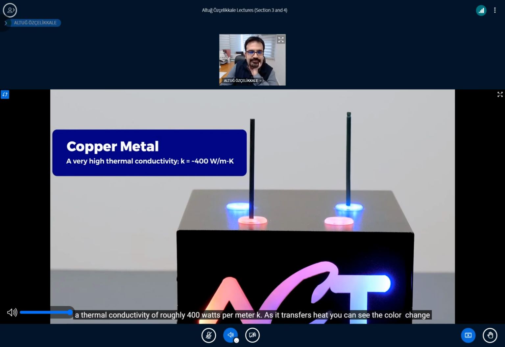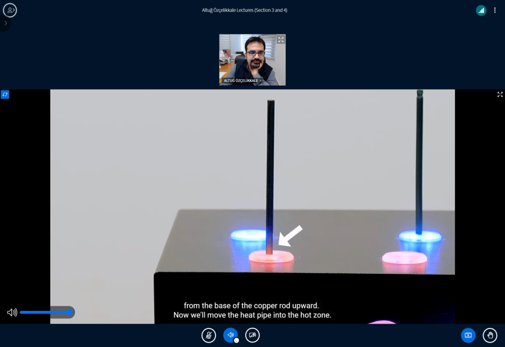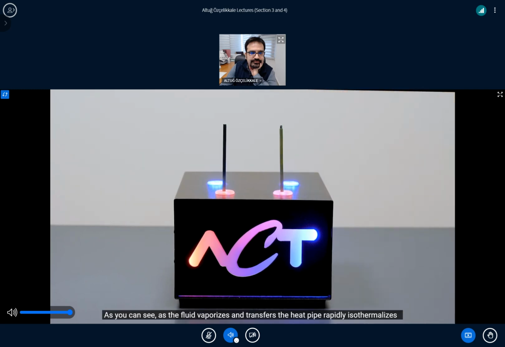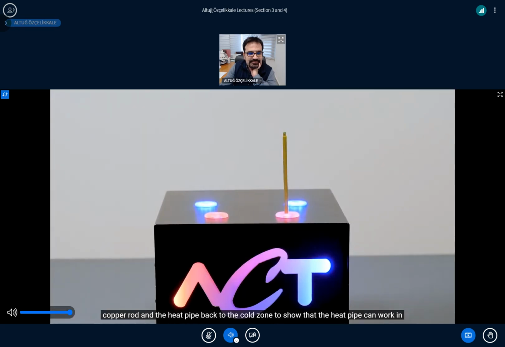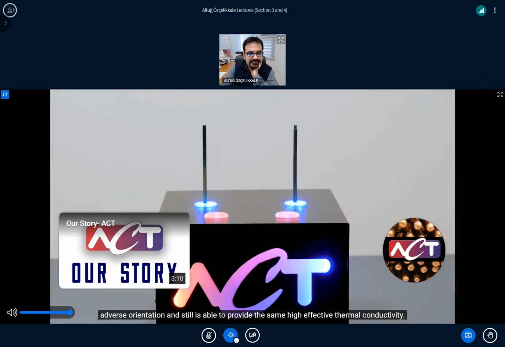It has a thermal conductivity of roughly 400 watts per meter K. As it transfers heat, you can see the color change from the base of the copper rod upward. Now we'll move the heat pipe into the hot zone. As you can see, as the fluid vaporizes and transfers heat, the heat pipe rapidly isothermalizes and has a very consistent temperature across the length of the heat pipe. Now we'll move the copper rod and the heat pipe back to the cold zone to show that the heat pipe can work in adverse orientation and still is able to provide the same high effective thermal conductivity.